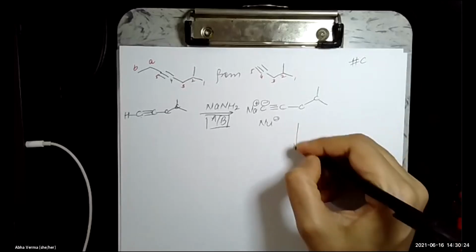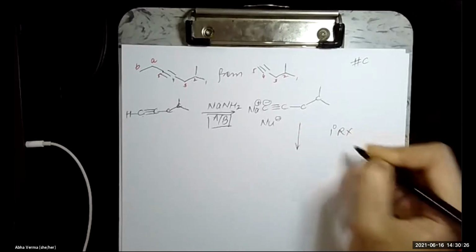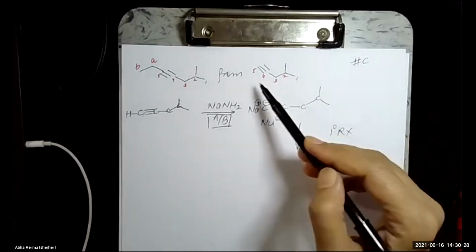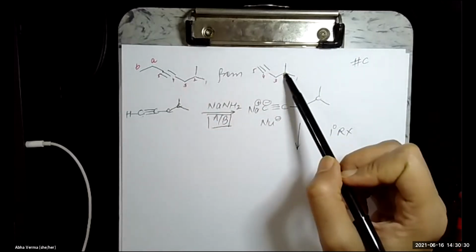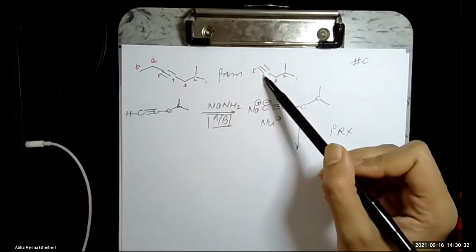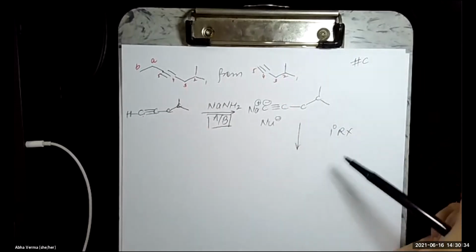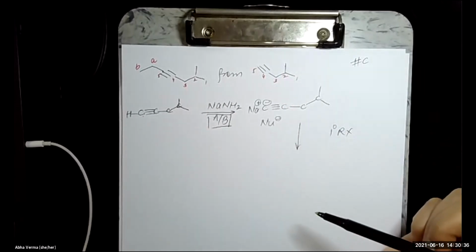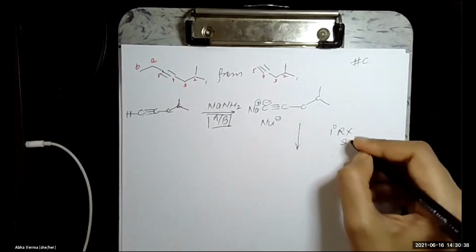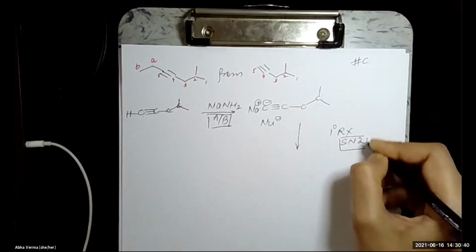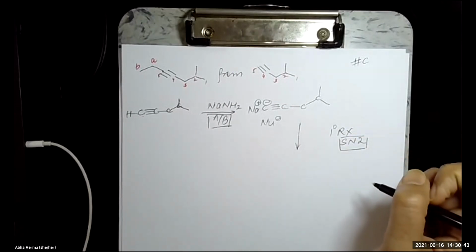I will use a primary alkyl halide here. Whenever you have to increase your number of carbons using an alkyne, you need to use a primary alkyl halide so that an SN2 mechanism can go on.